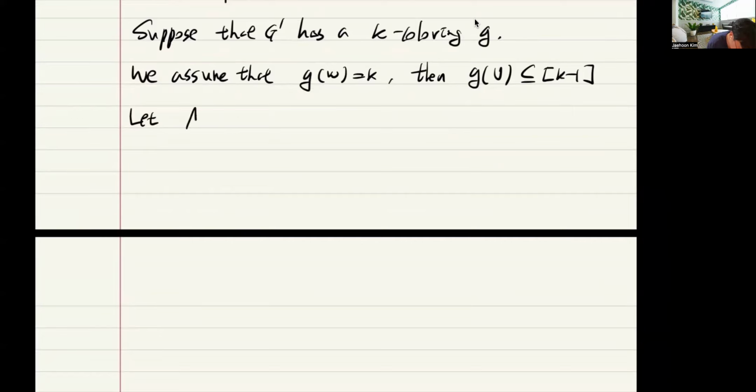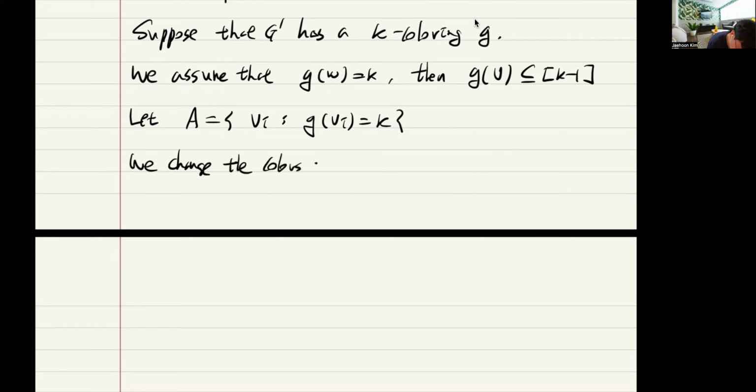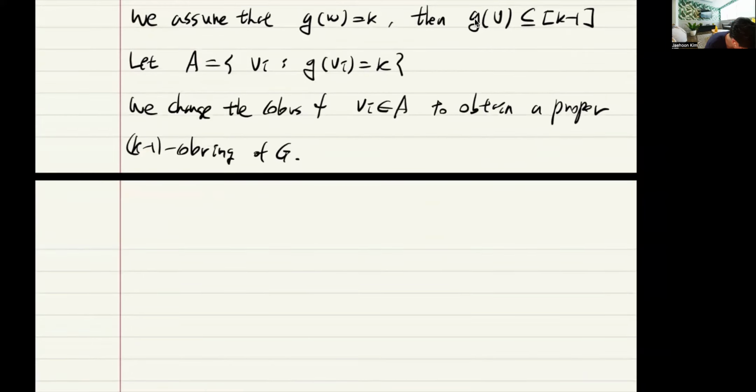So what do we do? Let A be the set of all the vertices B_i with color K under G. Then what do we know? We change the colors of B_i in A to obtain a proper K minus 1 coloring of G, to obtain a contradiction.